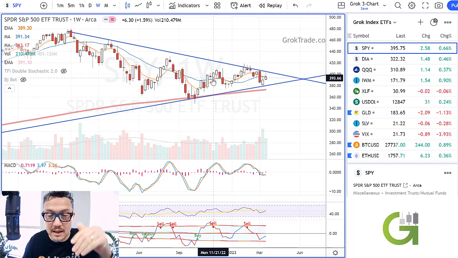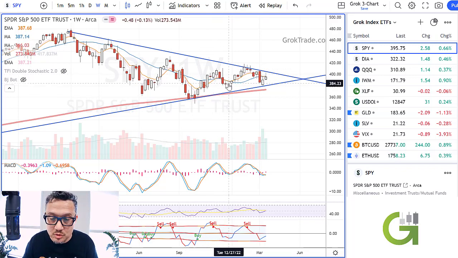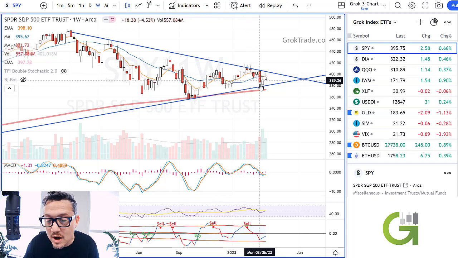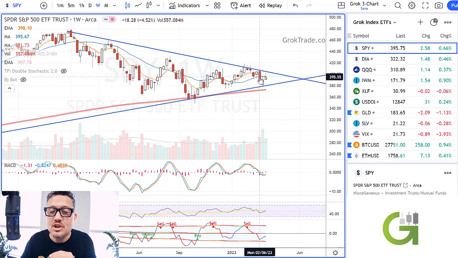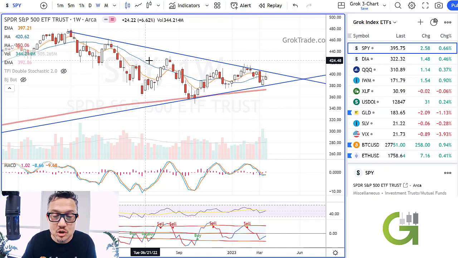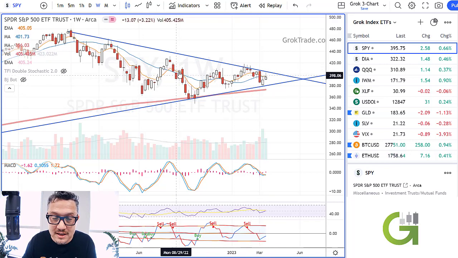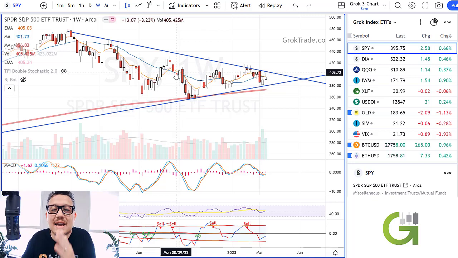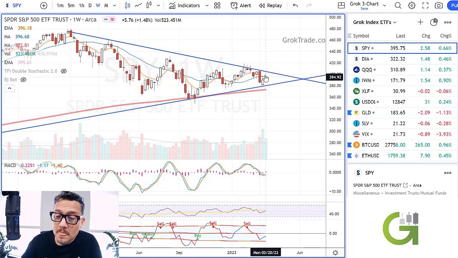This was a nice smooth down, but on the up, you go up, up, up, red. But coming down, you get these reds and a white and a red and white. Very, very choppy in the moving averages. Anytime you get into moving averages, you get up and down movements instead of nice, clean moves. So we're starting to see this chop, chop, chop taking place.